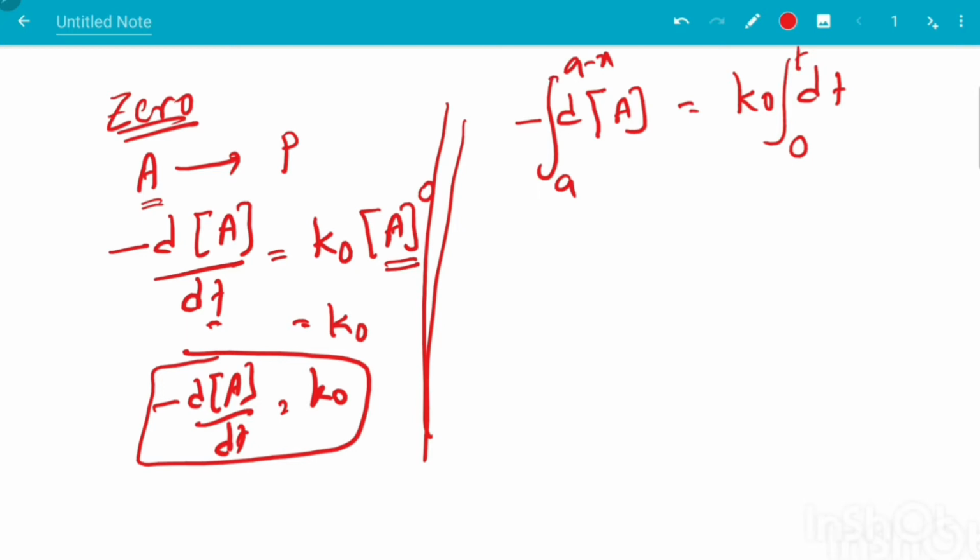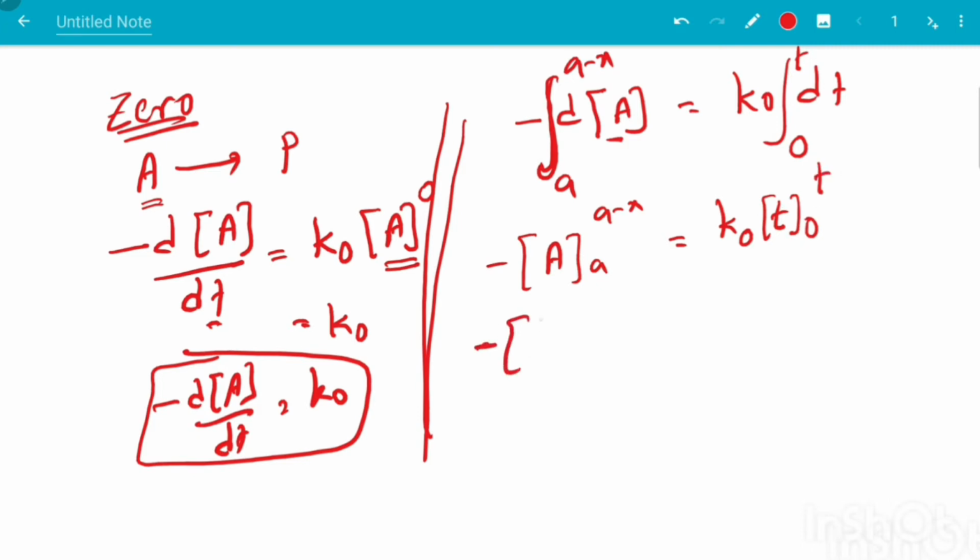Integration of dx equals x, so the left side is A minus x evaluated between A and A minus x, equal to k naught, the rate constant, times integration of dt, which is t between 0 and t. Next, upper minus lower: A minus x minus A equals k naught into t.